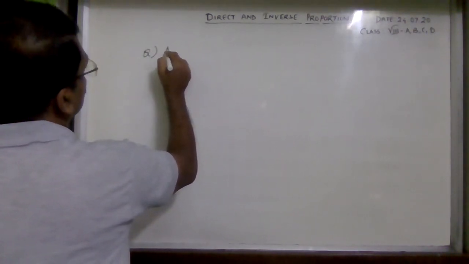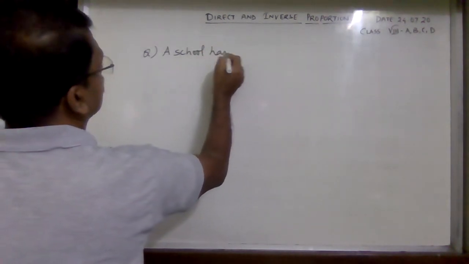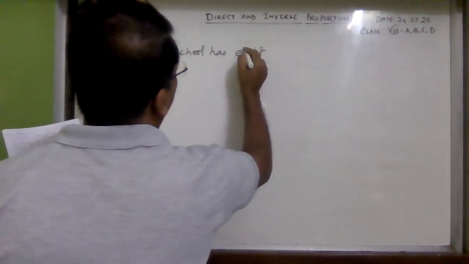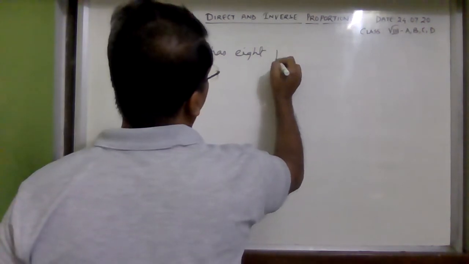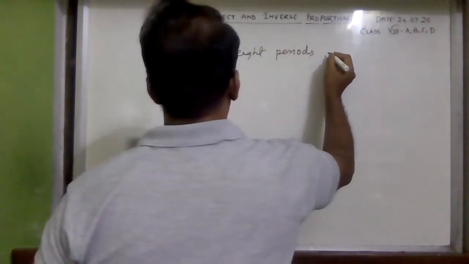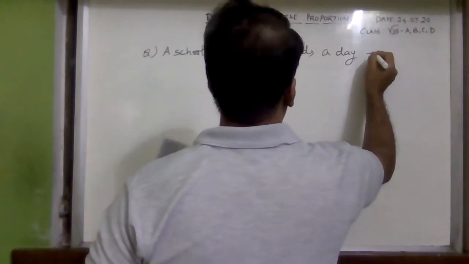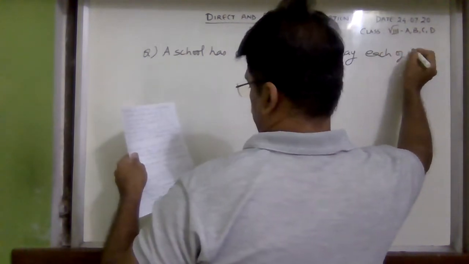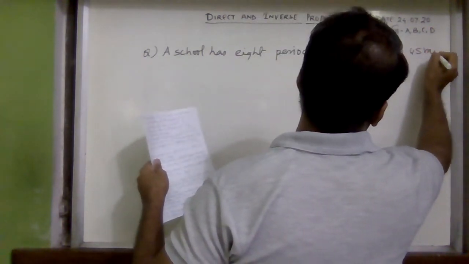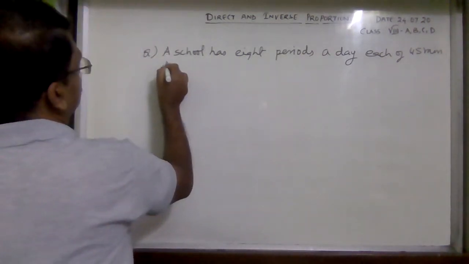A school has 8 periods a day, each of 45 minutes duration.